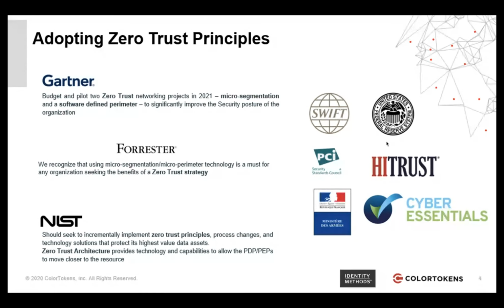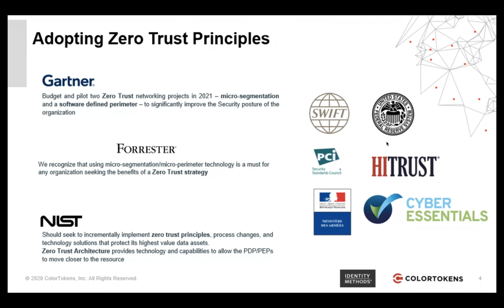So there's a few things here that drive the adoption of Zero Trust. Firstly is compliance. So we see a lot of businesses are under strict control mechanisms, either via standards such as PCI, SWIFT in the banking industry, HITRUST, for example, Cyber Essentials. They're all driving organizations to take a look at the next phase in securing your architectures and infrastructure and users.